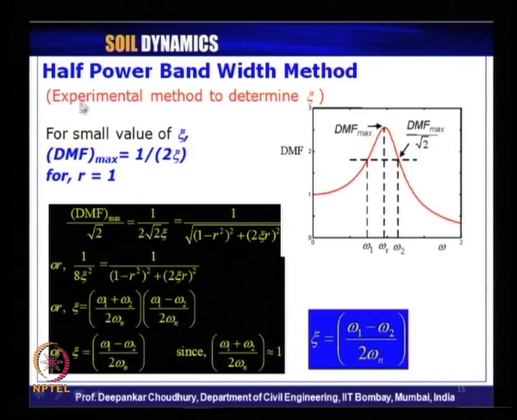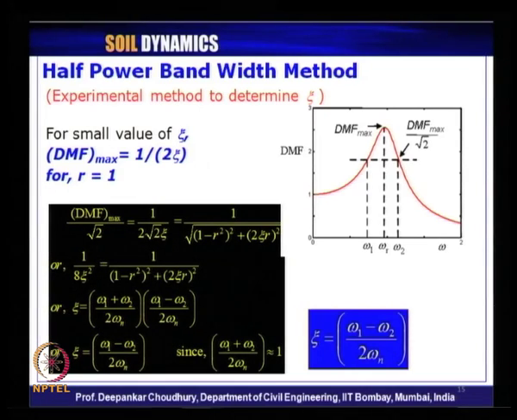This is another experimental method to determine the damping ratio of any system. Earlier we have seen the logarithmic decrement being used to measure the damping ratio of any system subjected to damped free vibration, right.